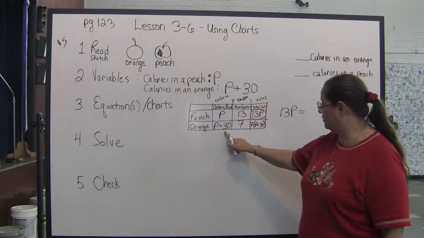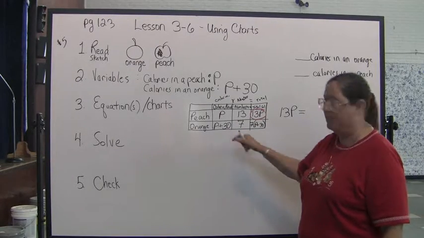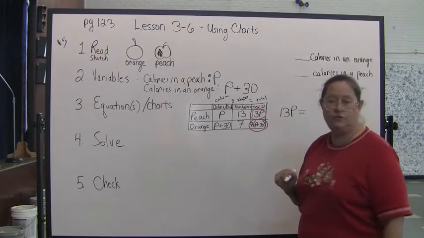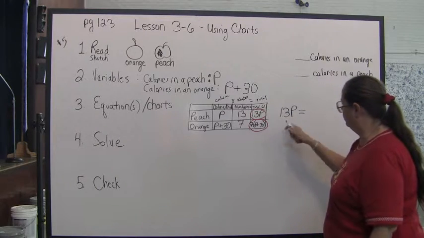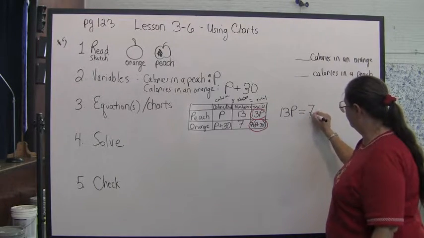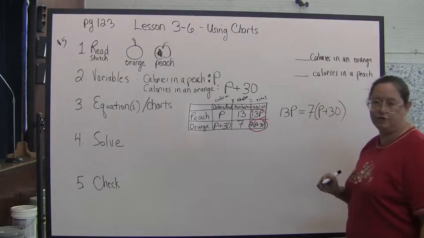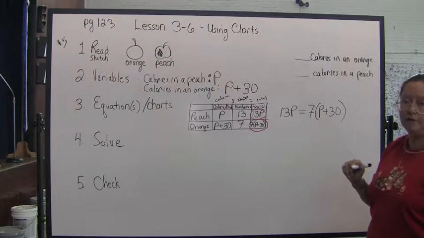So oranges obviously have a lot more calories, because there are fewer of them here. So here's the number of calories in 7 oranges. These 2 things are equal, and there's our equation.